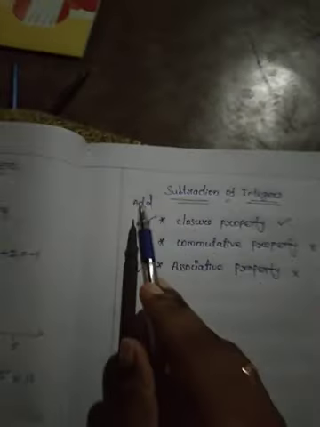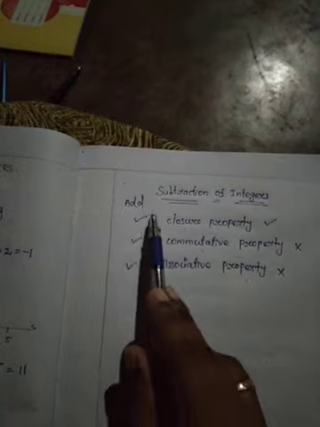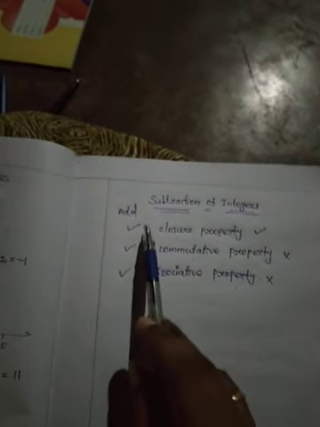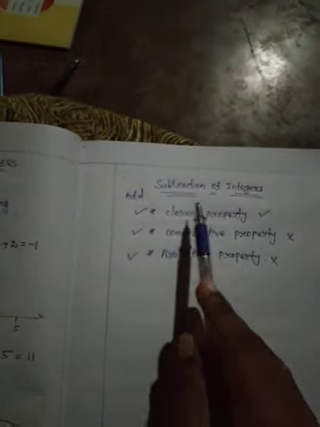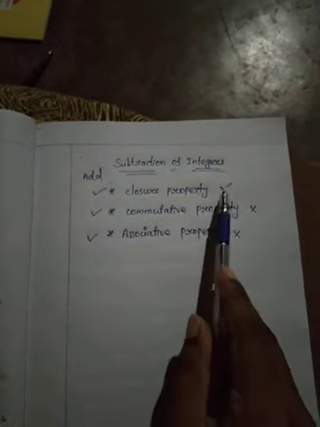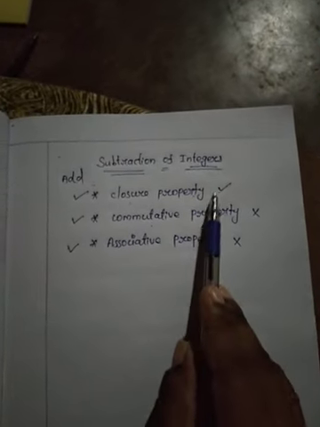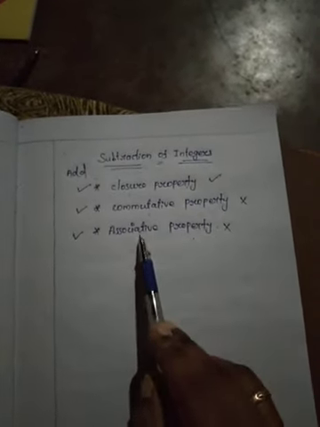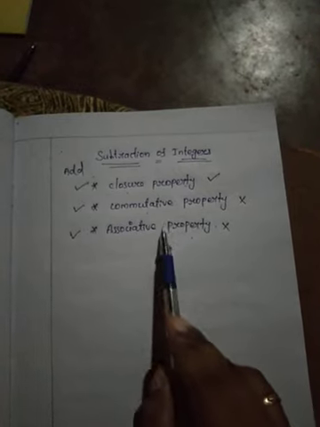Addition of integers satisfies all the properties, but subtraction of integers satisfies only the closure property. Commutative property and associative property do not satisfy.